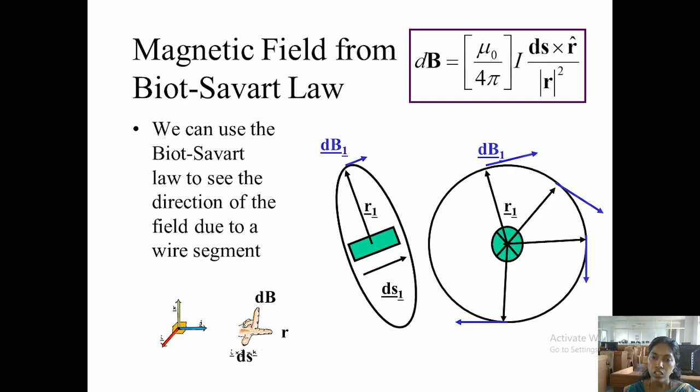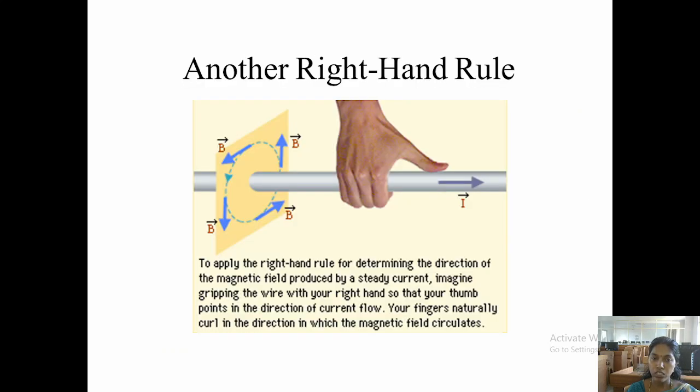The section length is ds1, and the magnetic field produced is dB1. The direction of the magnetic field is found by the right hand rule. Here the current flows in the direction of the fingers, and the magnetic field is produced in the direction of the thumb.